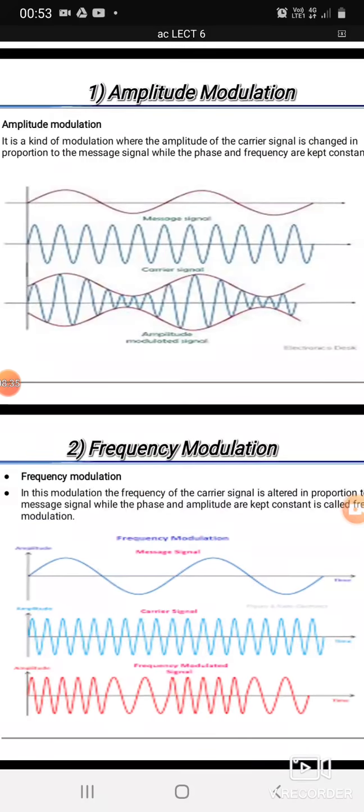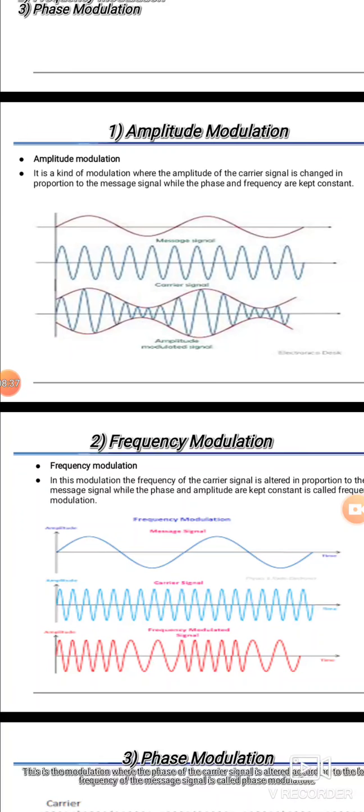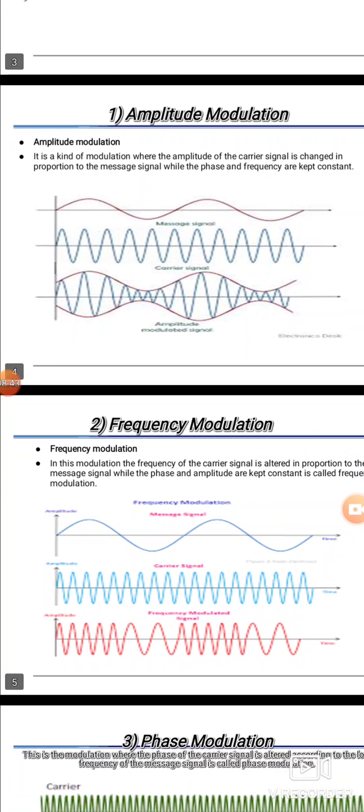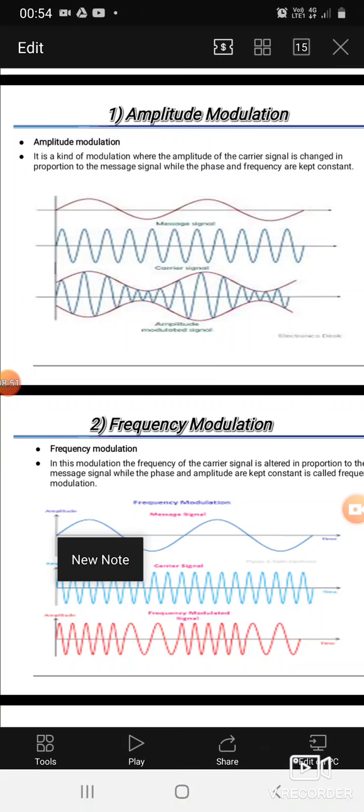The same thing is given here. Amplitude modulation is a kind of modulation where the amplitude of the carrier is changed in proportion with the message signal, meaning the modulating signal. Frequency and phase of the carrier signal remain constant.